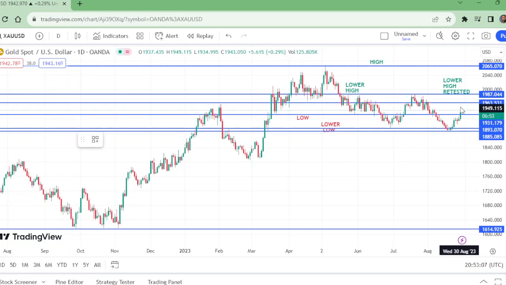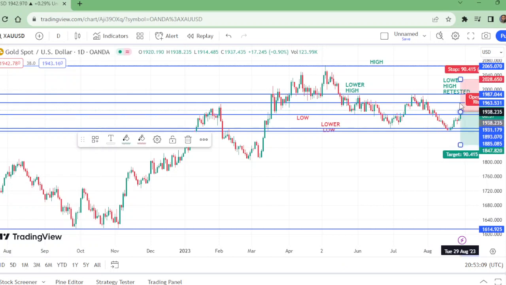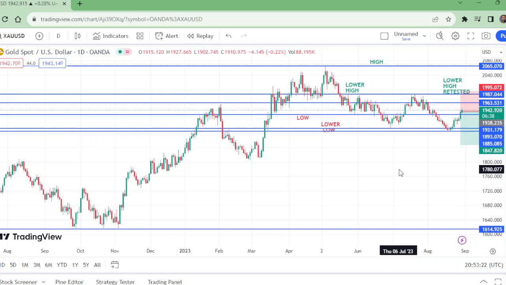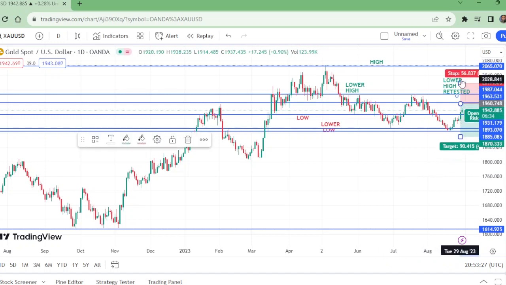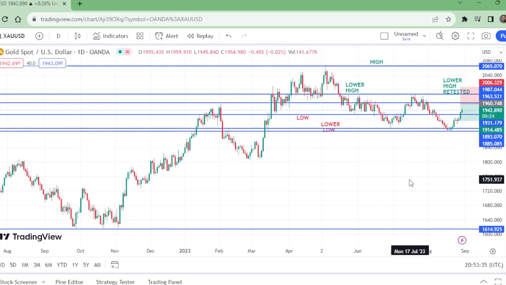Now this is the entry for sell, and this level, 90 above 1987, is the stop loss. Now let me adjust this. This is the entry. This is the stop loss, and for take profit, what options do we have now?